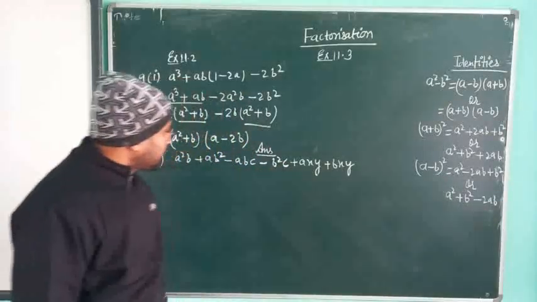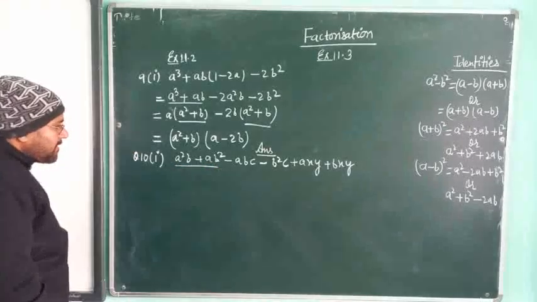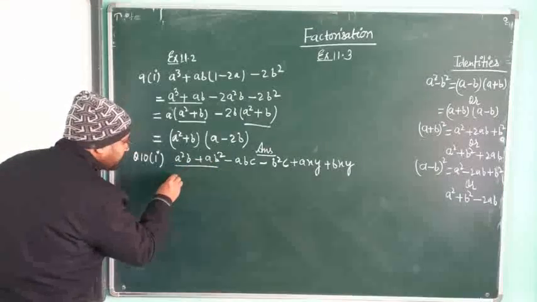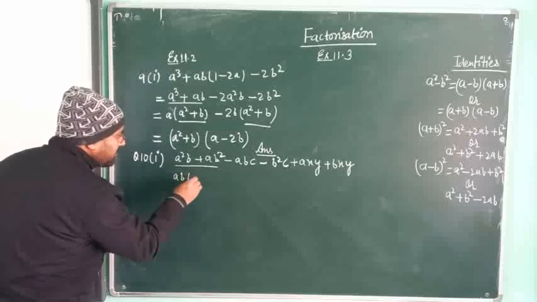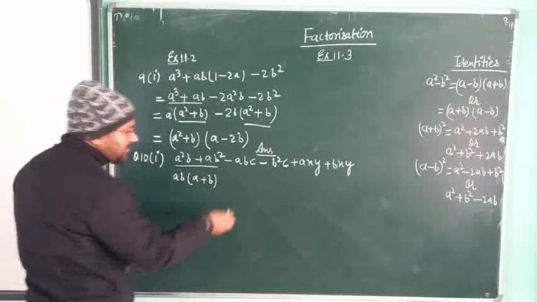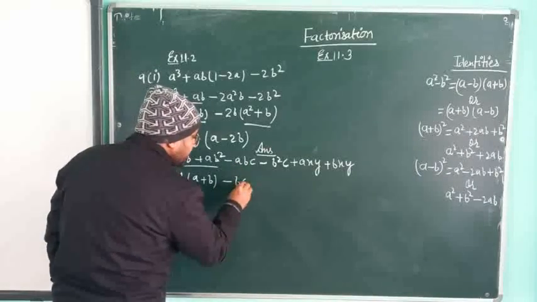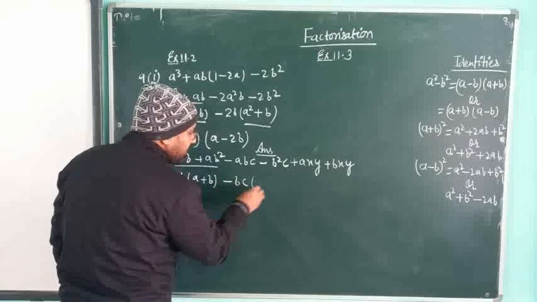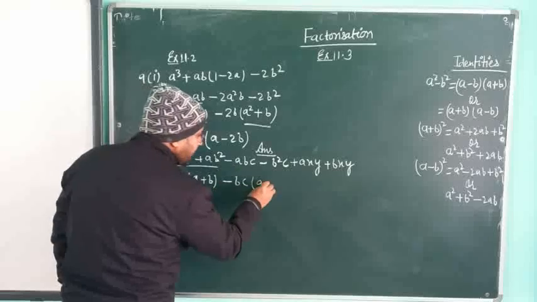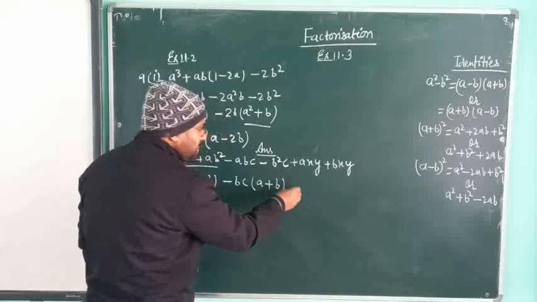There are 6 terms. So what is common in this? If I take ab as common, what is remaining? a, and b: a plus b. If I take bc as common, what is remaining? Minus bc I have taken common, plus a and plus b is remaining there.